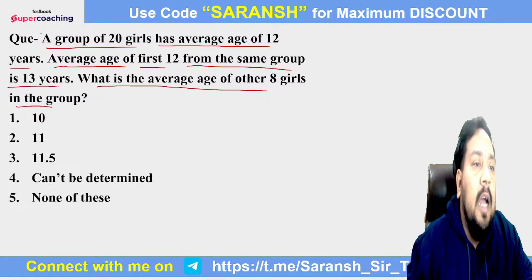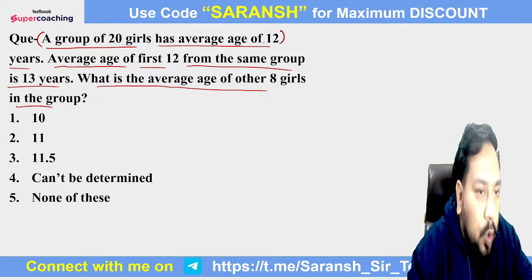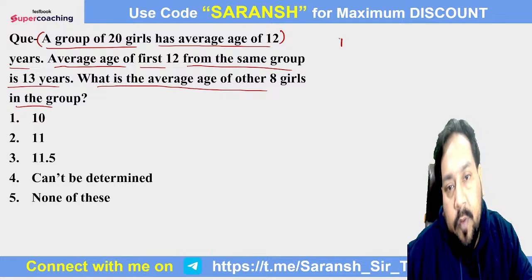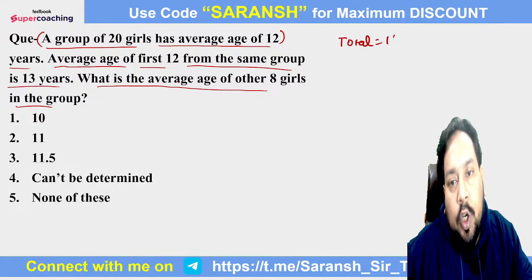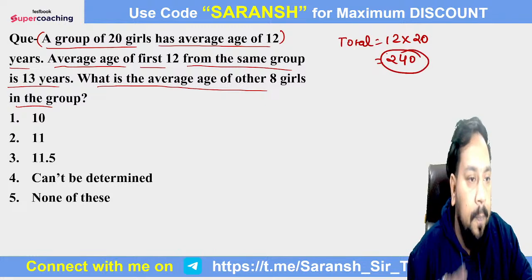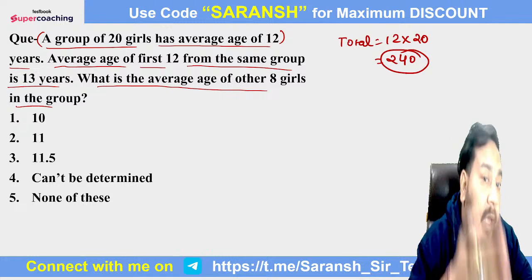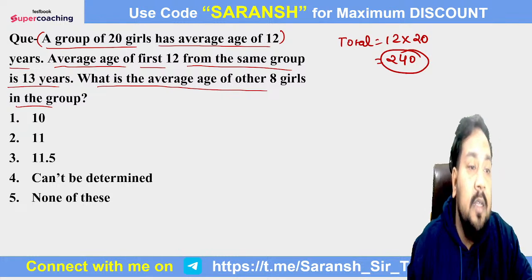First of all, a group of 20 girls has an average age of 12. That means the sum will be 12 into 20, that is 240. The average age of the first 12 girls from the same group is 13 years.